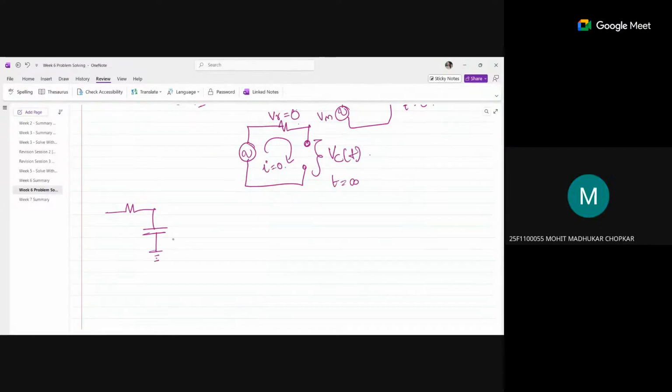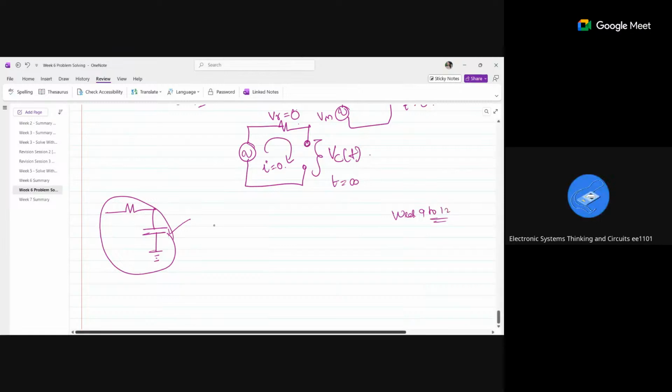So knowing this is very important for your upcoming weeks. Be clear with the equations, and knowing this capacitor is very important for week 9 to week 12. The topic name is RC step response, ma'am. So it will be easy for me to understand further topics.